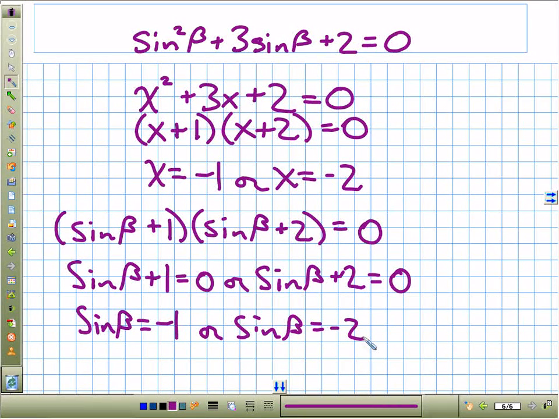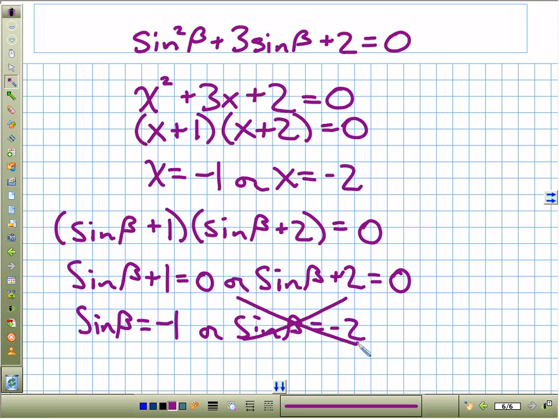Look, sine beta can equal -1, right? We know of places where sine is equal to -1. What about sine of beta equals -2? No. Sine beta cannot equal -2 because remember the range of sine is -1 to 1, right?